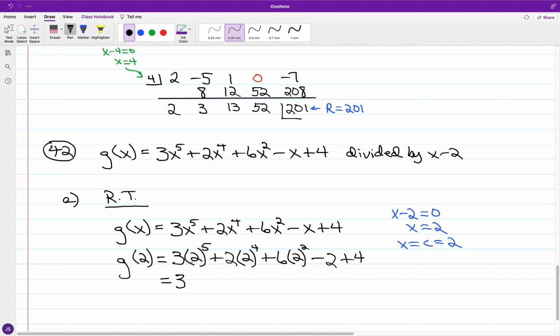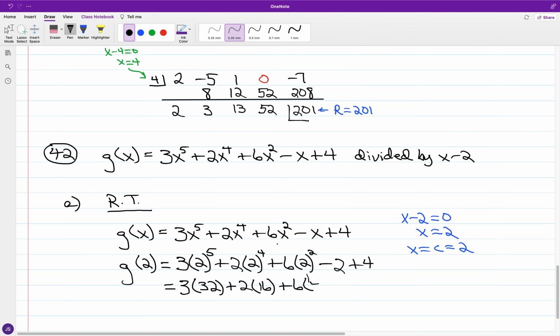After substituting, 2 to the 5th is 32, 2 to the 4th is 16, and 2 squared is 4. And we put together minus 2 and 4, so that will come out to a plus 2 at the end.